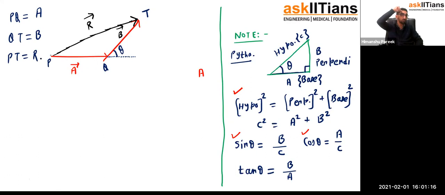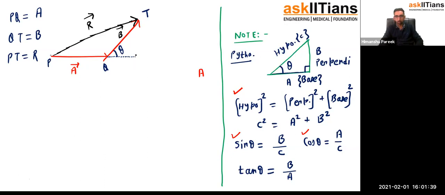And our interest is to find out the value of R. Now you guys can see this is not a right angle triangle, but I can make it a right angle triangle somehow. So now you see what trick I will use. This A vector, you can see I'm extending this line a little bit.